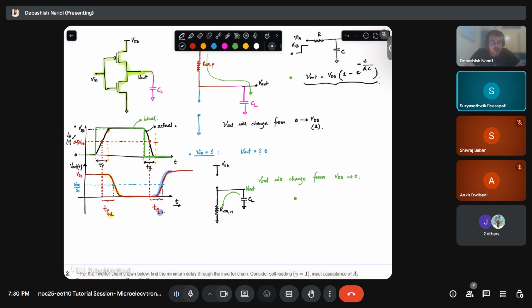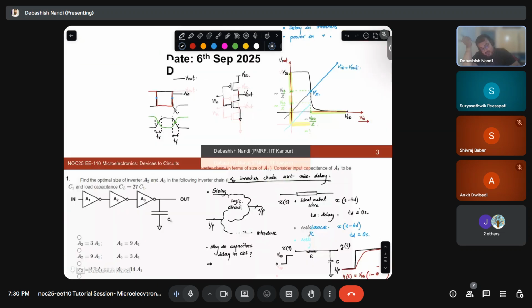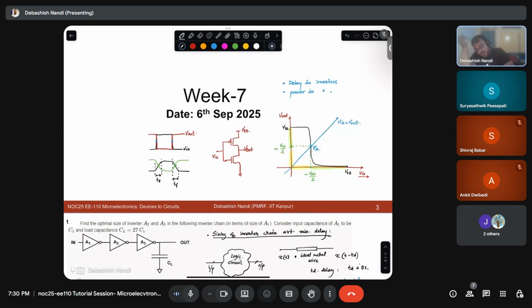But whenever your input is crossing the VDD by 2 mark, similarly your output will also be crossing the VDD by 2 mark. That is the thing I explained earlier, at the very first. So whenever your Vin is at 0.5, what is this point?